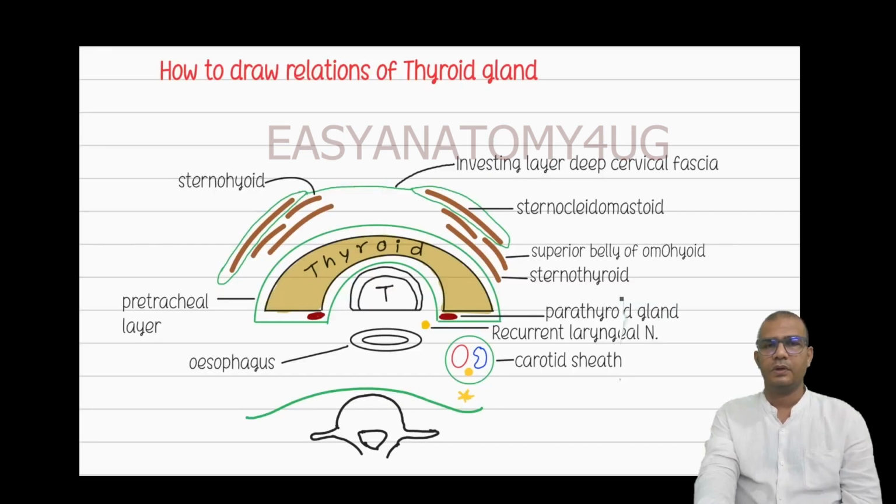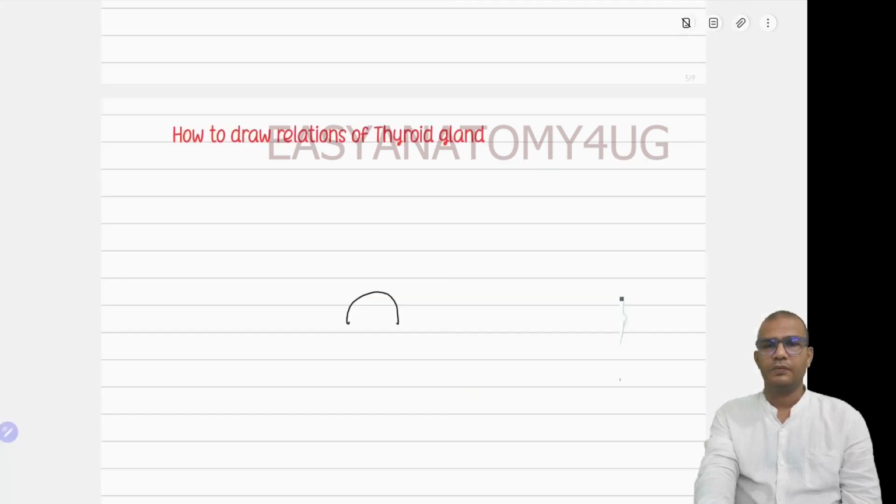Next, we will draw the other relations of thyroid gland. So in the next frames, we will see how to draw this diagram step by step. We will draw trachea, the central portion. Then we'll show esophagus posterior to it.